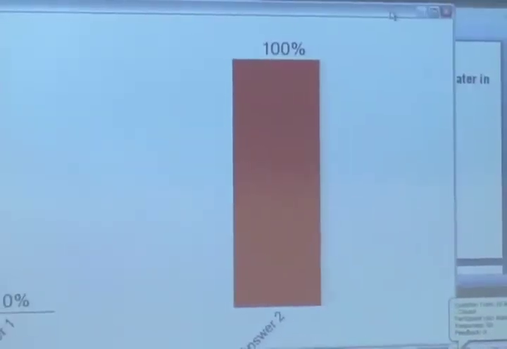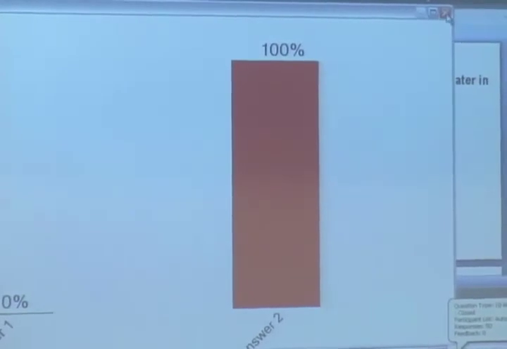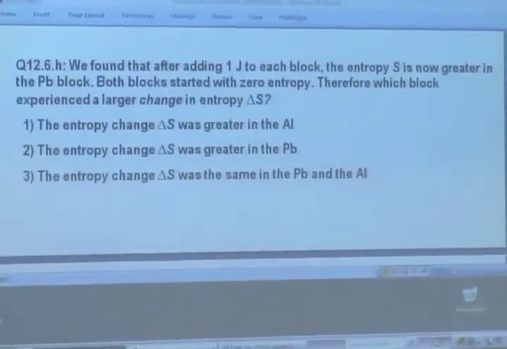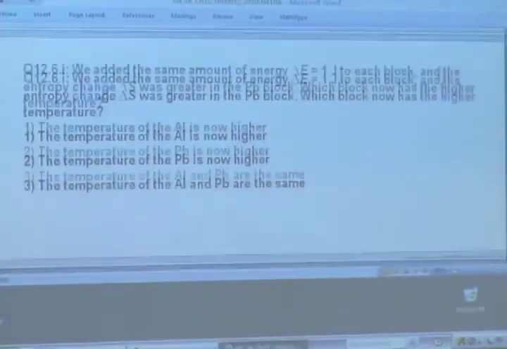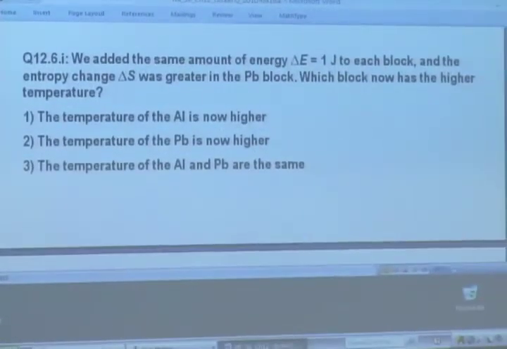That is a first. Wow. All right. See, it was worth coming to class today just for that. Which block has the higher temperature? You have to think about this one. This one is not the same as the previous 3 questions, okay?